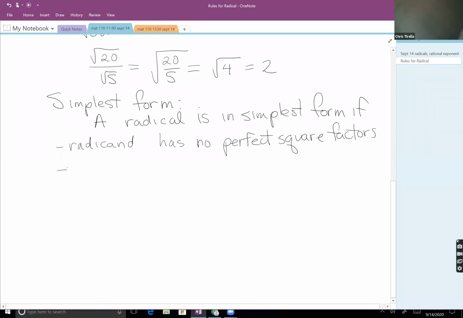Second one, the radicand is not a fraction. And the third one is that a rational expression, so that's a fraction, cannot have a radical in the denominator.